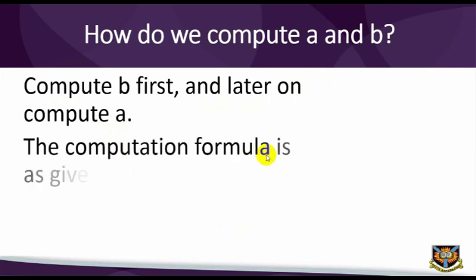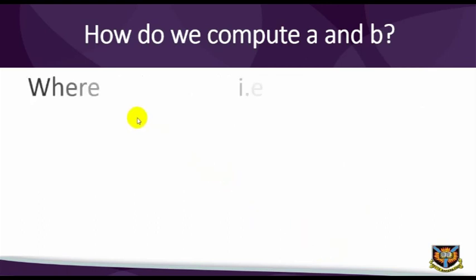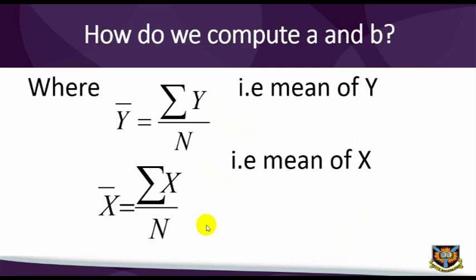The computation formula is as given below. b = [n Σxy − (Σx)(Σy)] / [n Σx² − (Σx)²], equation 14.2. a = ȳ − b x̄, equation 14.3, where ȳ = Σy/n, that is the mean of y, and x̄ = Σx/n, that is the mean of x.